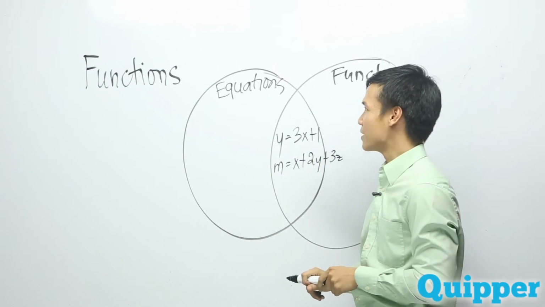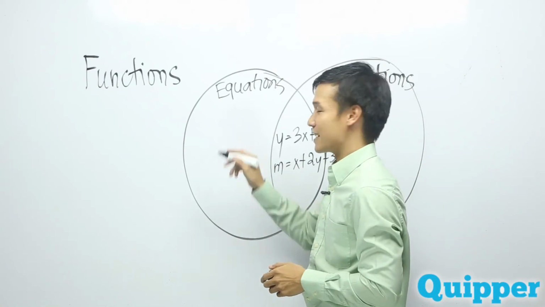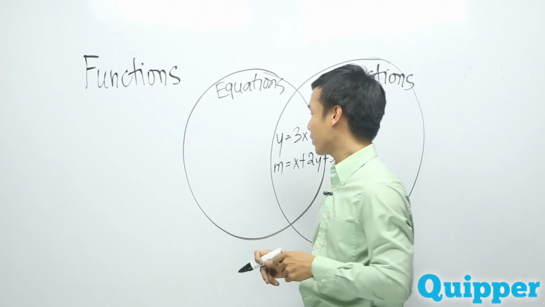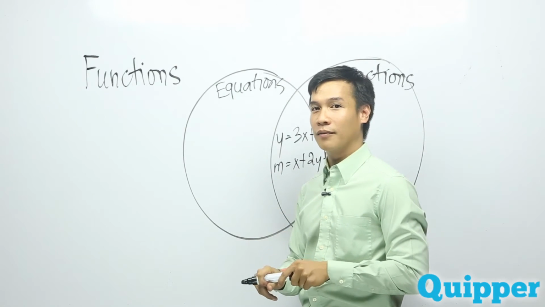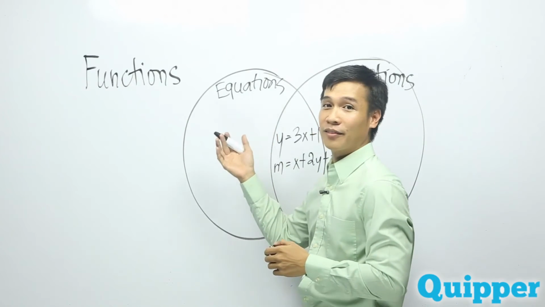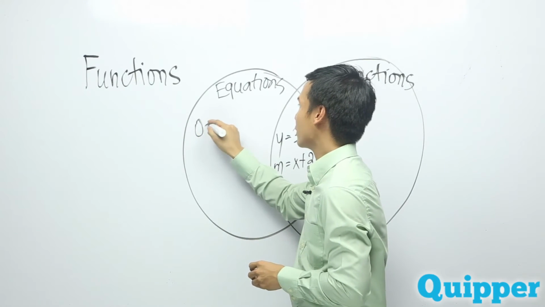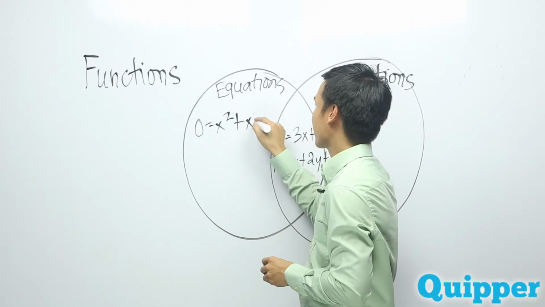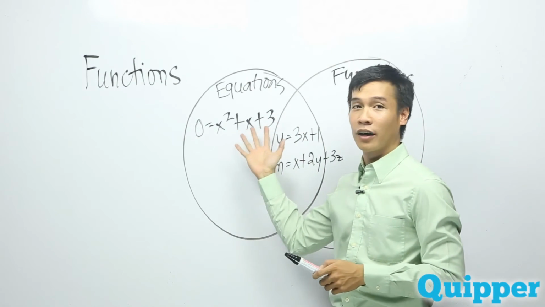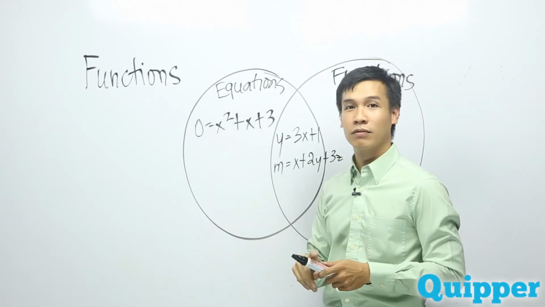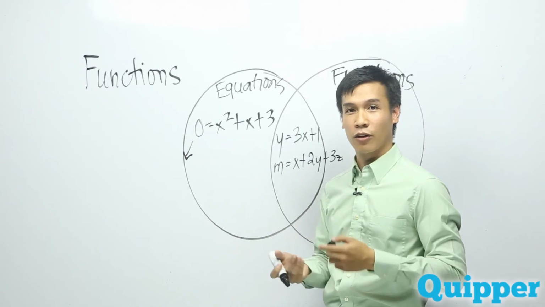Which brings us now to the question: are there equations that are not functions? Yes, there are. Because if we're not sure about the output, that could prevent an equation from being a function. So for example, if we give you 0 is equal to x squared plus x plus 3, we may have a variable, but we don't have an output. Because in this case, the output is just always 0.